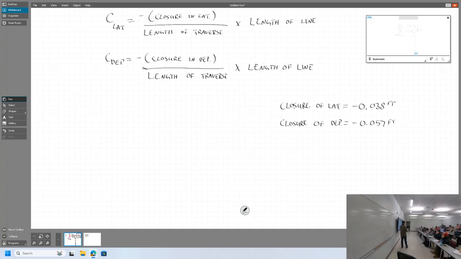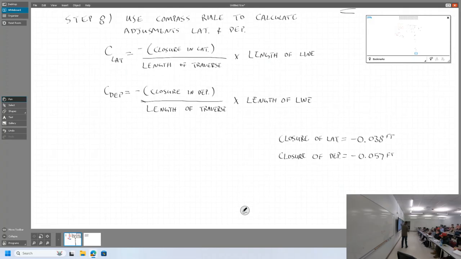Does everybody understand where those numbers come from? Just the summations of the lats and the summations of the departures. That's how we got those two numbers, because pretty soon we're going to be plugging those into this formula. It's not going to change when we go from 1 to 2, 2 to 3, 3 to 4, 4 to 1.